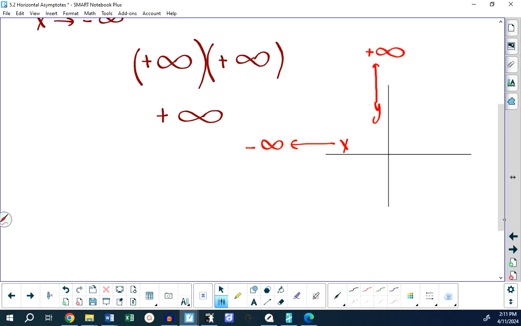Which is telling you a very uninteresting piece of information. The graph of the function looks like that in that quadrant. That as x goes infinitely to the left, y will go infinitely up.